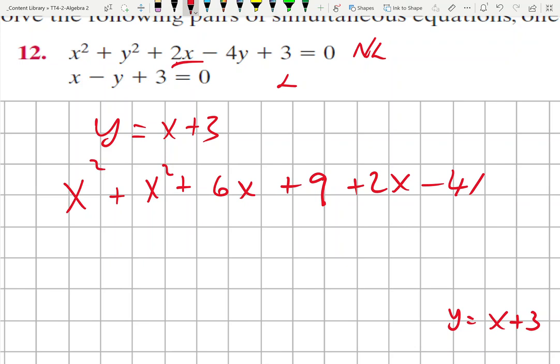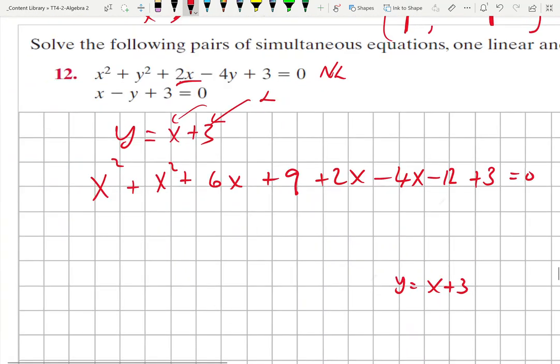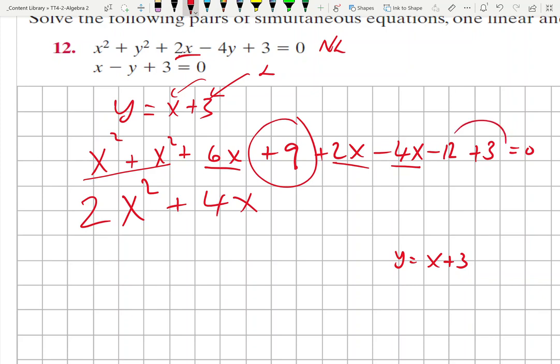And I'm taking 12, with a distribution of minus 4. Okay, grouping, grouping, grouping, equivalent equation when you divide by 2.